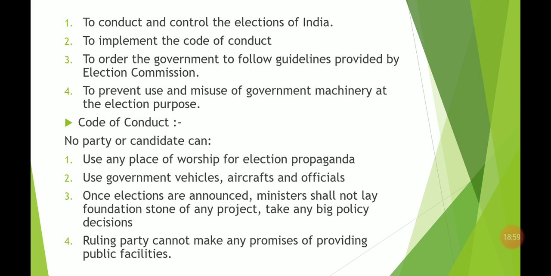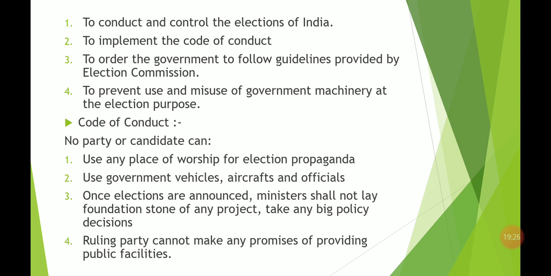Now let me tell you what the code of conduct is, and after it is issued, what the people participating in the contest cannot do. So under the code of conduct, no party or candidate can use a place of worship for election propaganda.